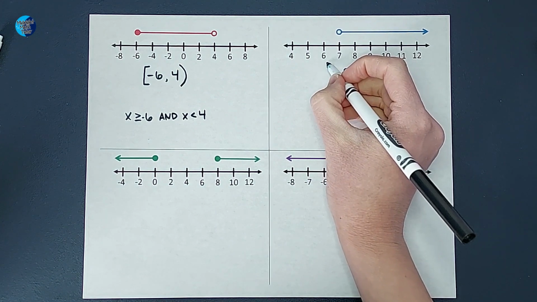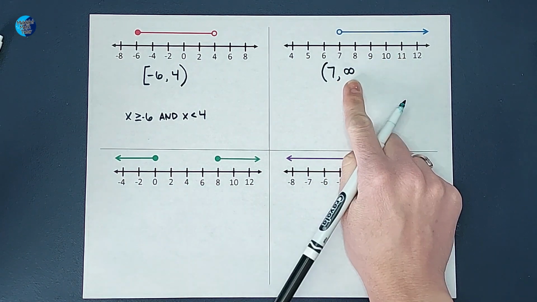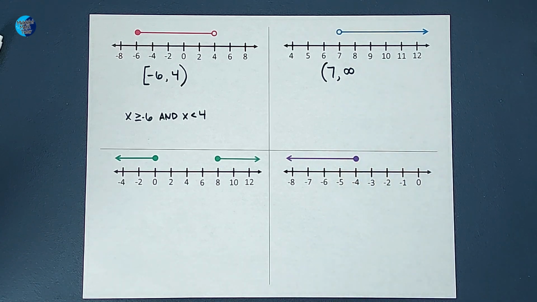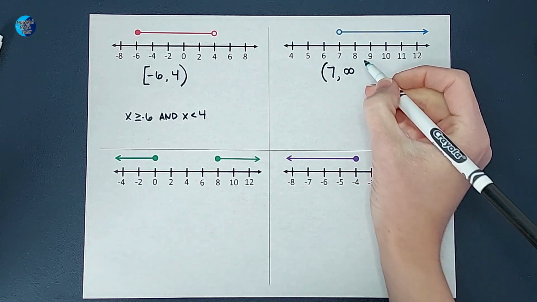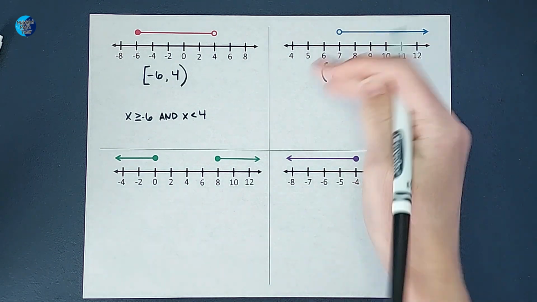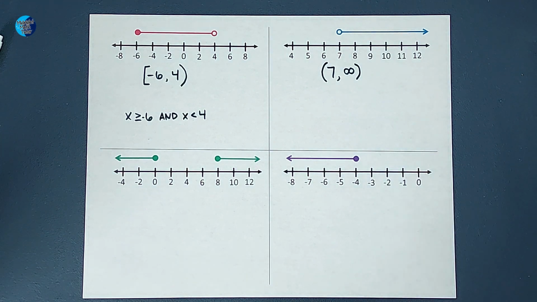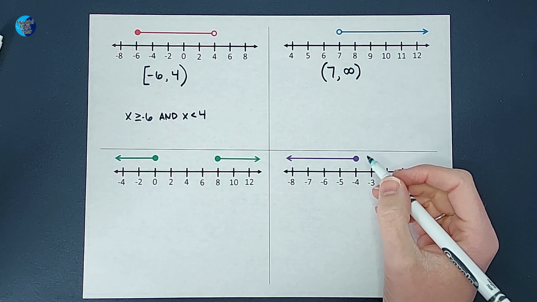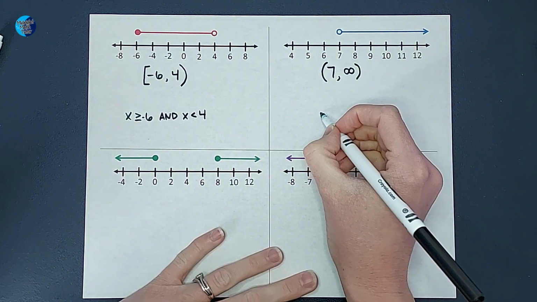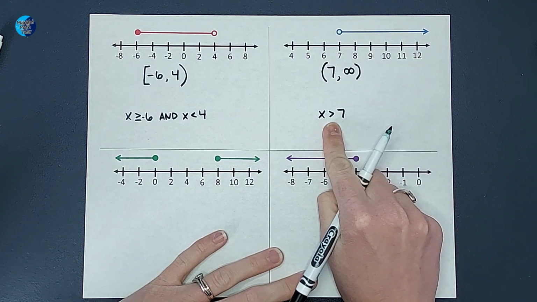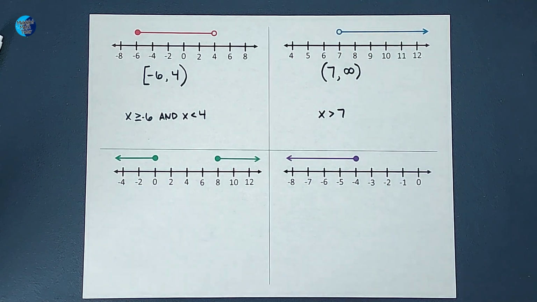So I'm going to use a parenthesis, and then infinity, and sometimes you also use negative infinity. They always, always, always get a parenthesis because infinity is not actually a number. It's like an ideal, right? And so we always put a parenthesis with that. Now this as an inequality would be x is greater than 7. No equal to because of that open circle.